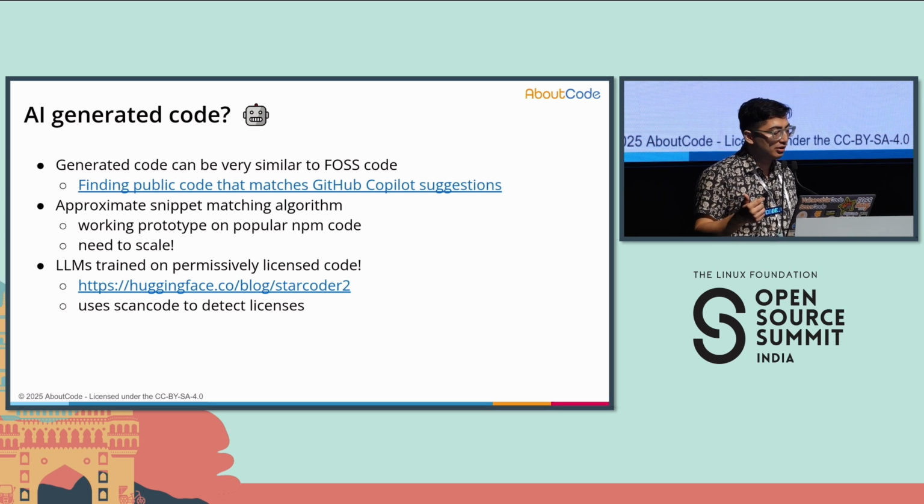So we have an approximate snippet matching algorithm, which works for that. It abstracts out a lot of things like variable names and strings and white space and other things, strips that away, has the control flow of the code, and does a fingerprinting based on that. And it does that on both sides, on both source and the thing that you match for. So it helps you find AI-generated code.